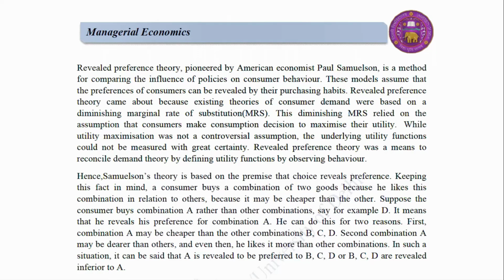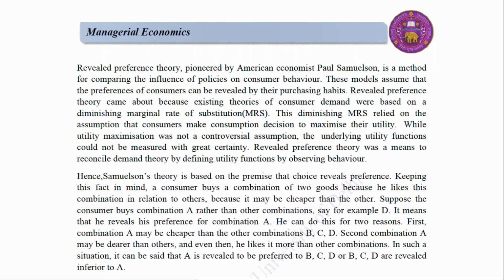Keeping this fact in mind, a consumer buys a combination of two goods because he likes this combination in relation to others, or because it may be cheaper than the other. Suppose the consumer buys combination A rather than another combination, say for example D. It means that he reveals his preference for combination A. He can do this for two reasons.